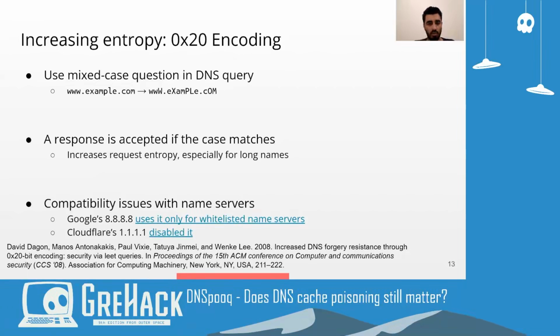The problem with this defense, although it is effective and simple, is compatibility issues, because there are name servers on the internet that do not support 0x20 encoding. So, for example, Google Public DNS uses 0x20 queries only for whitelisted name servers, and Cloudflare recently disabled it. But still, this is an effective way to increase the entropy.